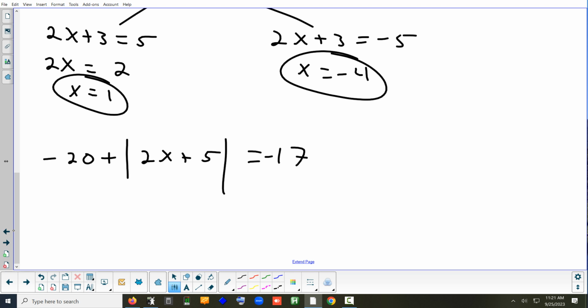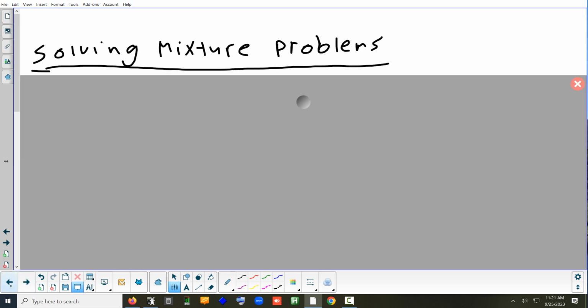Okay, so one more thing we're going to look at with linear equations, and that's solving a mixture problem. The idea of a mixture problem is it's like a system. You're going to set up two equations. Generally, they'll tell you you have two different solutions, like maybe a solution that's 15% strength and another one that's 20% strength.